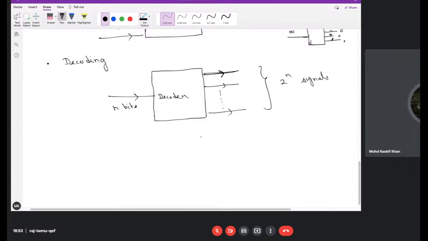In this process, an n bit decoder generates 2 to the power n possible output signals.